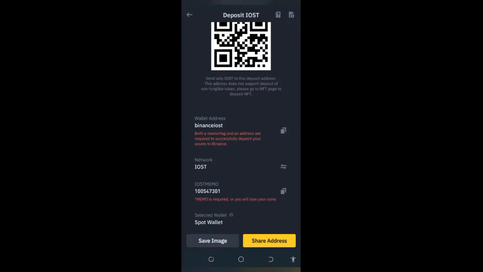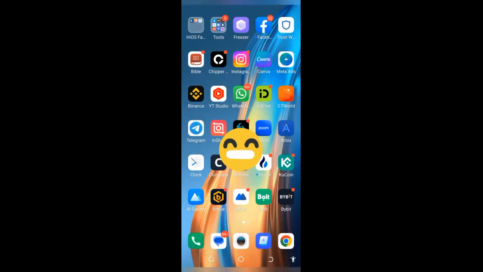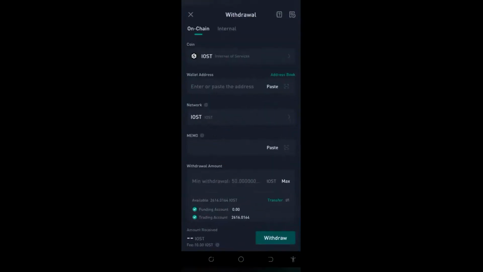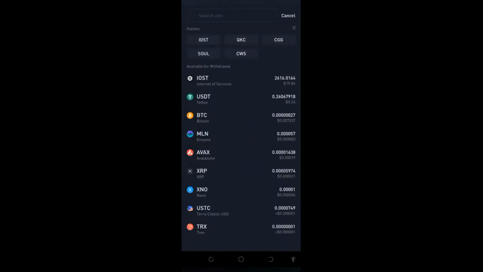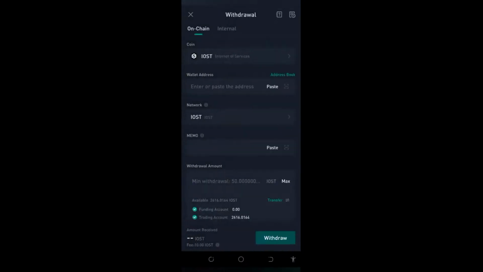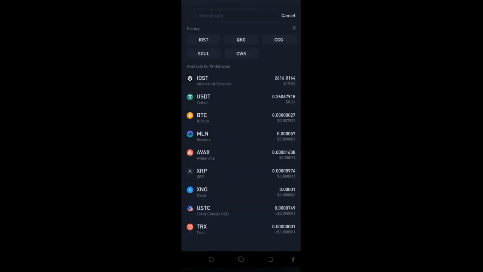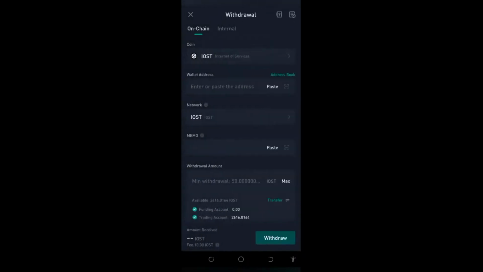Wallet address. It says Binance IOST. That's interesting. Well, I think I still copied the right thing. I don't know why it's looking like that. It was just looking funny to me. Of course, if it was wrong, it wouldn't allow me to paste it. Okay, it looks like it's right.